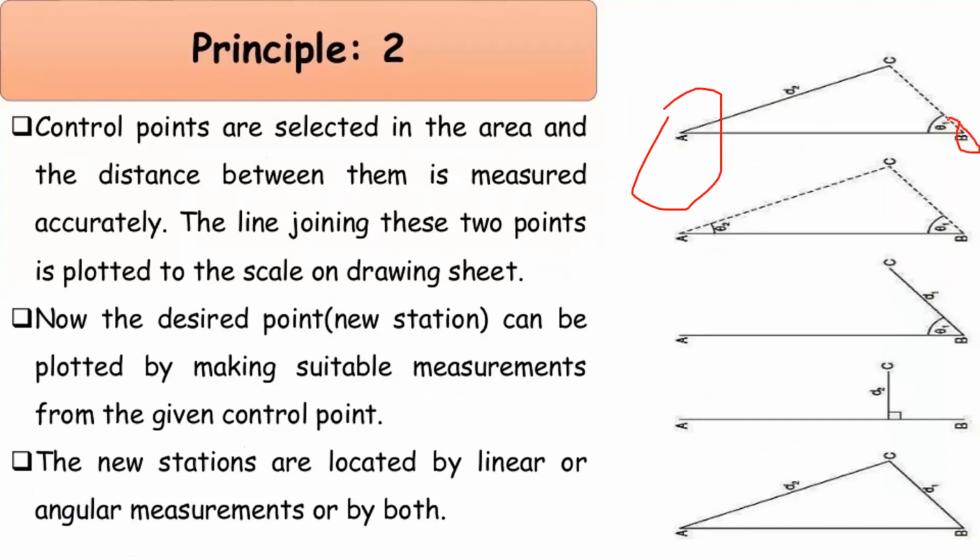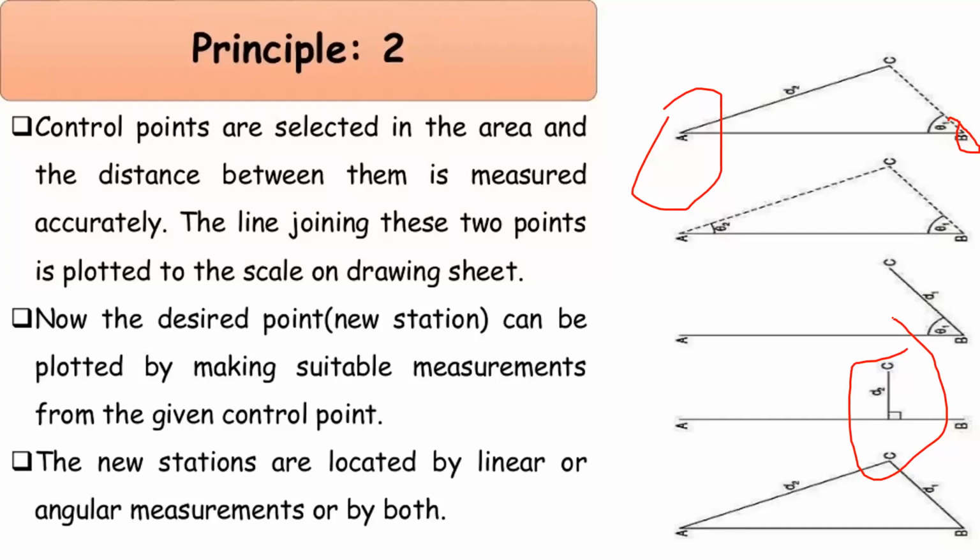So with the help of geometry, whatever we learned in our 9th and 10th classes, any geometrical application like an equilateral triangle, a perpendicular, or the Pythagoras theorem, whatever you may use, any kind of formula.